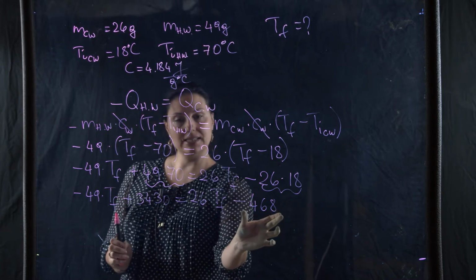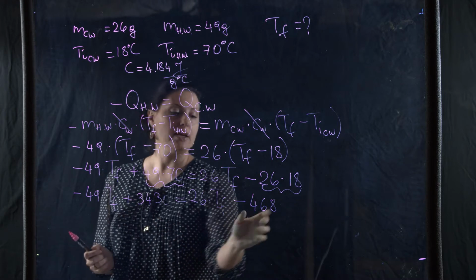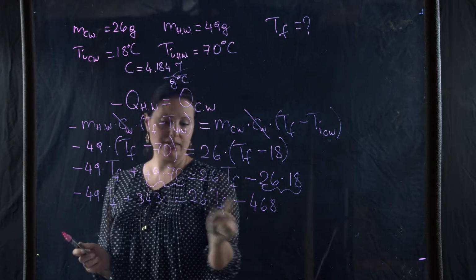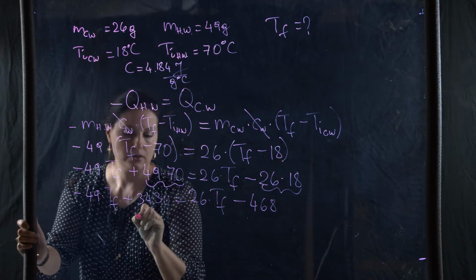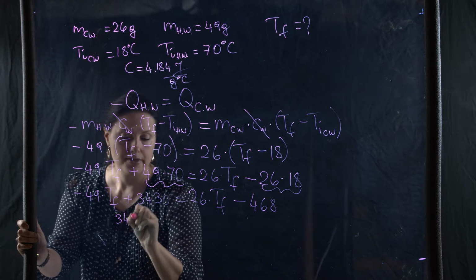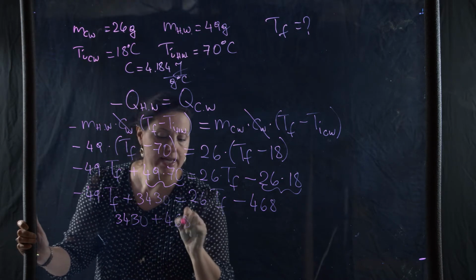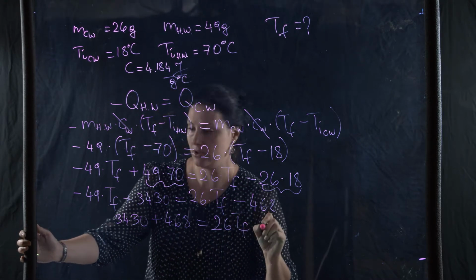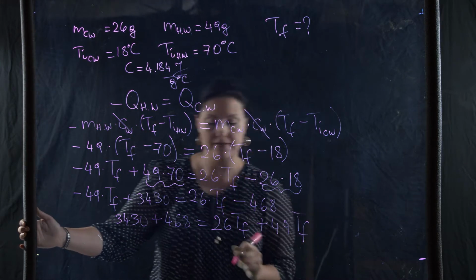And if I take minus 468 and bring it to the other side, that will make it positive. So I bring it across that equal sign. So let's do that. 3430 plus 468 is equal to 26 T final plus 49 T final.